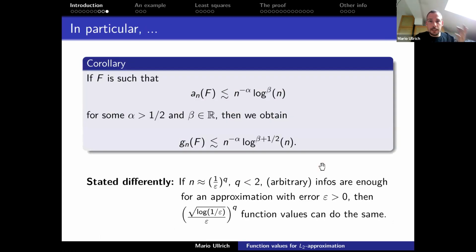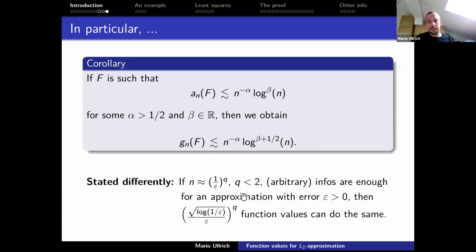In particular, that's the corollary here. If F is such that the approximation numbers decay like n to the minus alpha times log to the beta, for some alpha, then we obtain that the sampling numbers are bounded by n to the minus alpha times log to the power beta plus 1/2. We only lose a log to the 1/2 here for the sampling numbers.